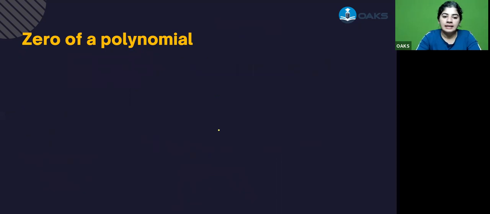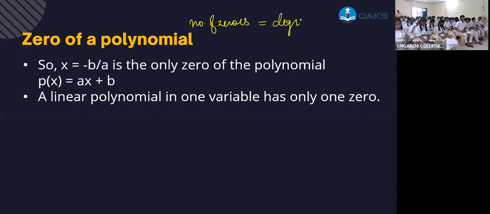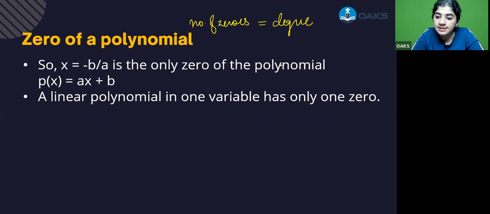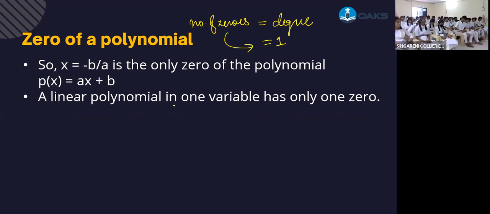So x is equal to minus b by a is the only zero of the polynomial. Why? Because I told you, whatever is the degree, it is equal to the number of zeros. Number of zeros is equal to the degree of the polynomial. Now, what is the degree of a linear polynomial? 1. So, what is the number of zeros? 1.